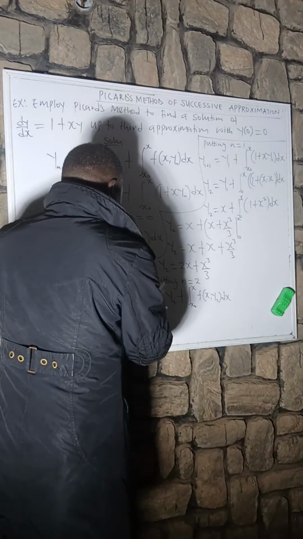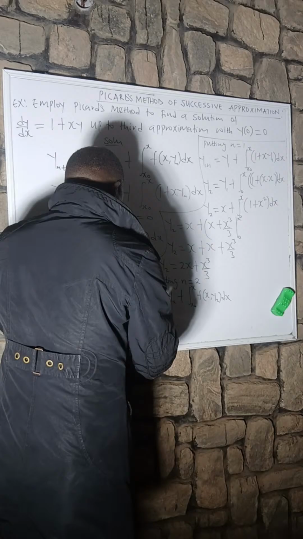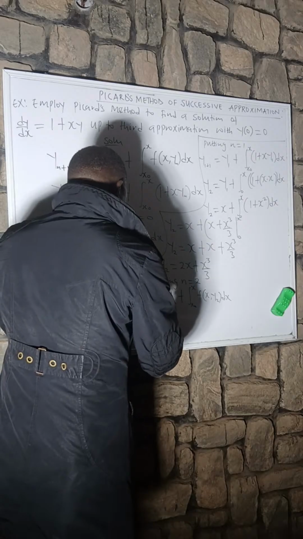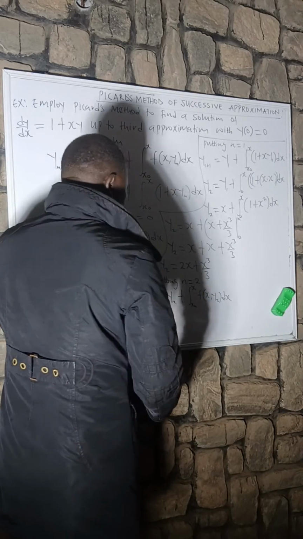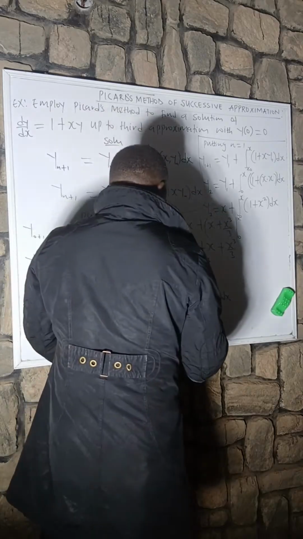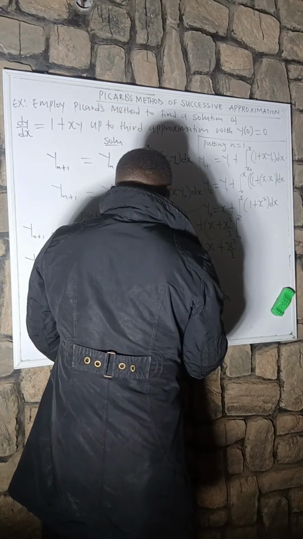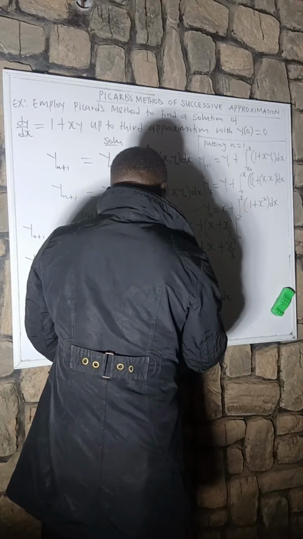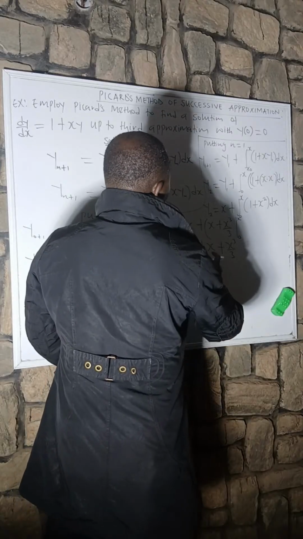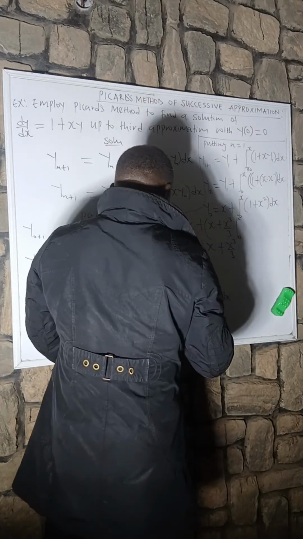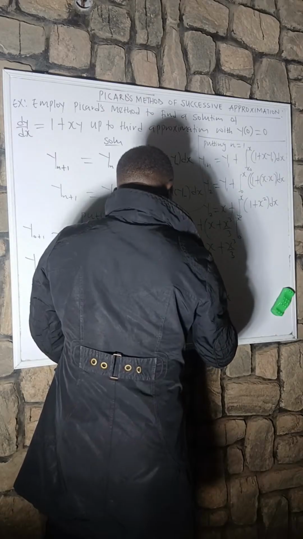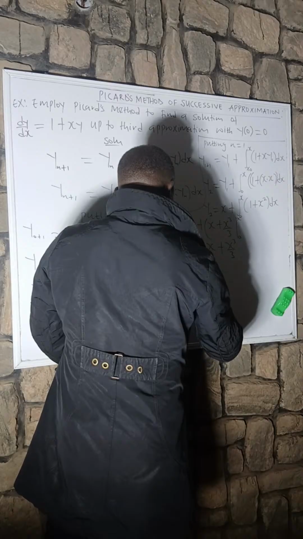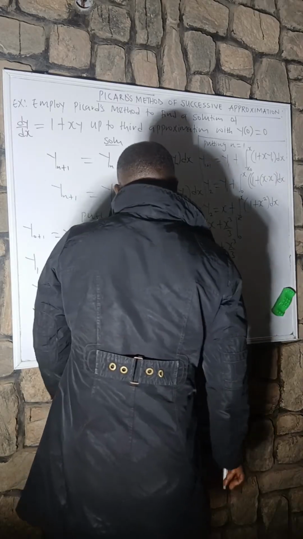So y3 equals to y subscript 2 plus, mind you, x naught is always 0. So here is 0 to x, the f of x is this. So here will be 1 plus x y subscript 2, then dx.